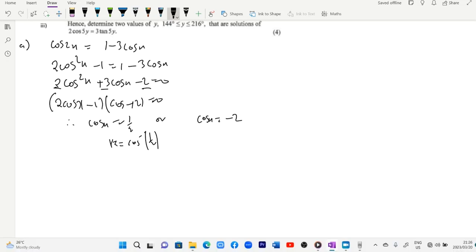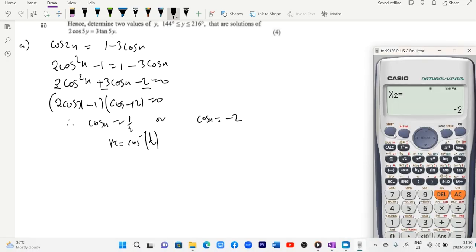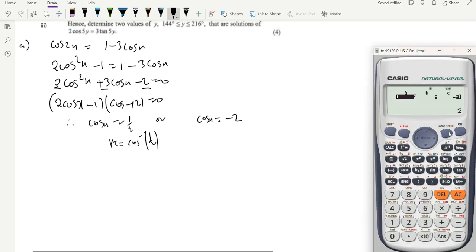Okay, then go back to your calculator again, and clear this out. Shift cos 1 over 2.